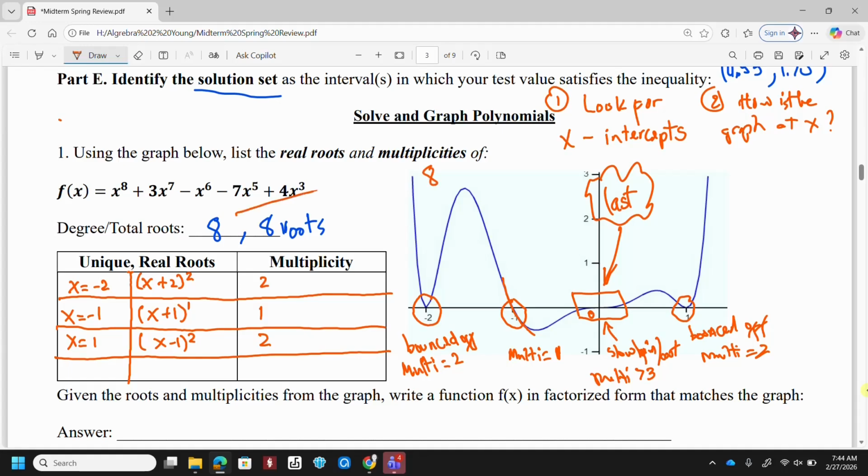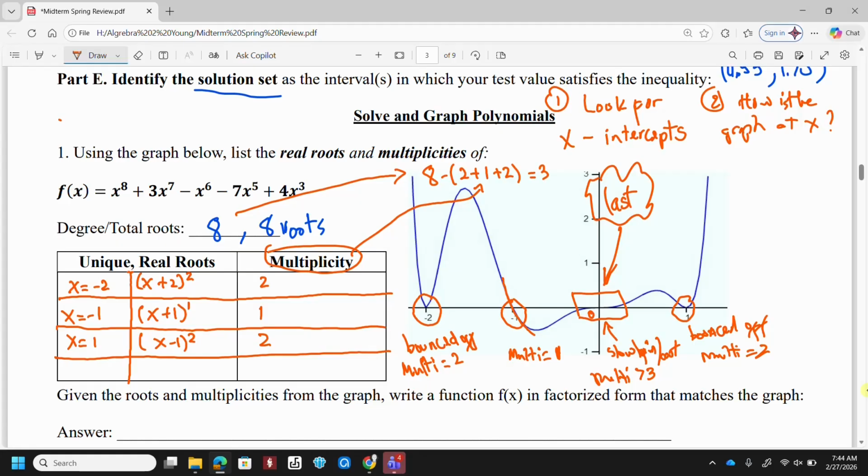What we have here is 2 plus 1 plus 2, which is 5, so you subtract all of this from 8, and there's going to be 3.